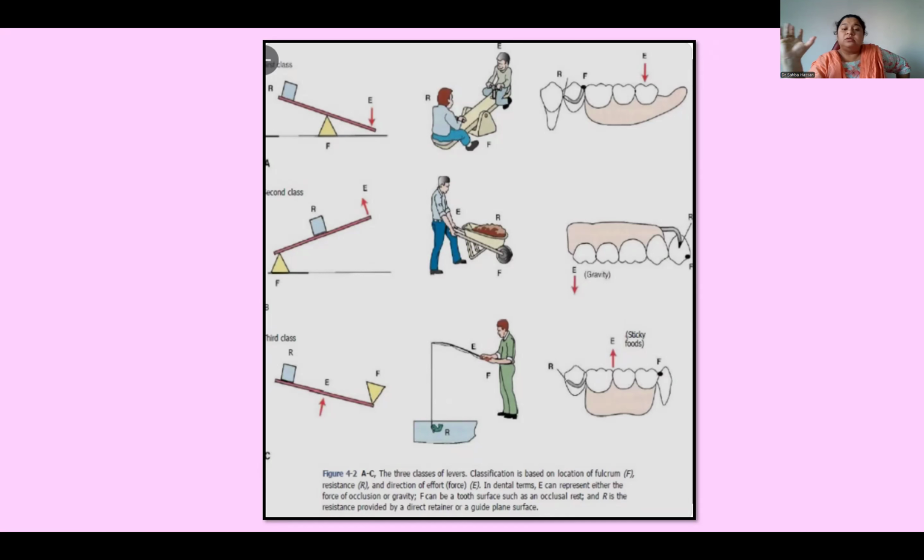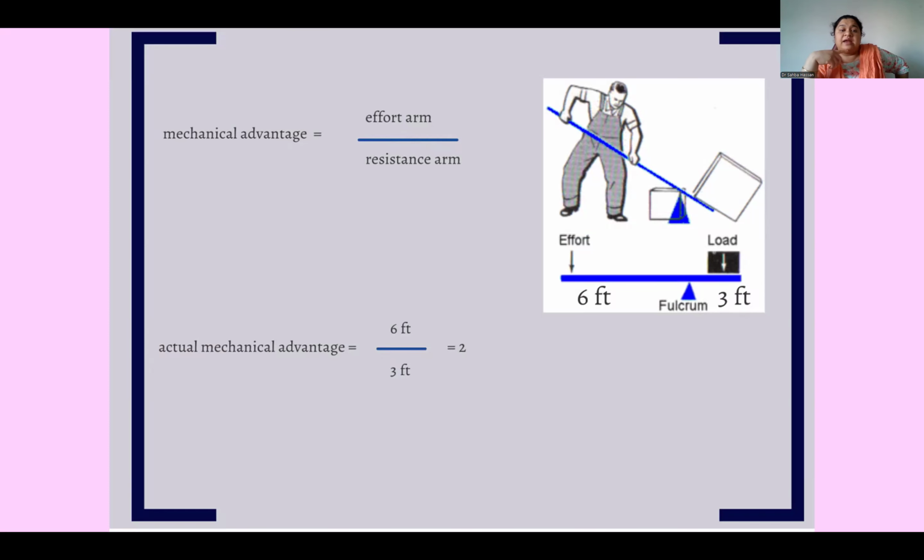So that way the parts have to be placed, whether it is a rest, a major connector, or a minor connector. Here the mechanical advantage, effort arm by resistance arm, is 2. The load is the tooth. This is the fulcrum line. So whatever your direct retainer and others are, they have to be away from the fulcrum. That way it becomes easy.